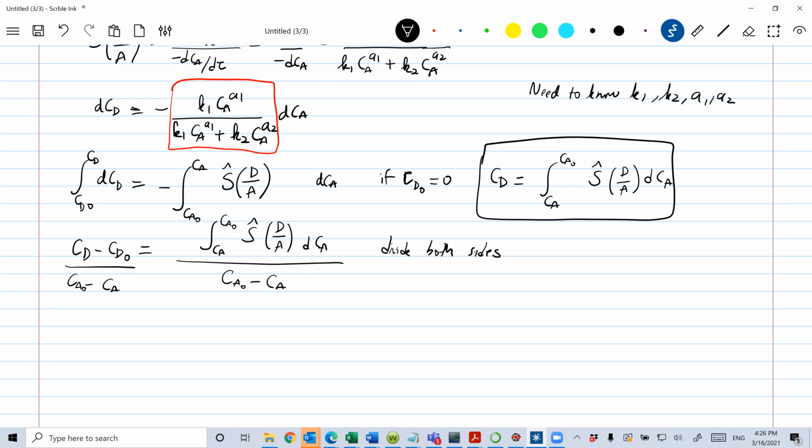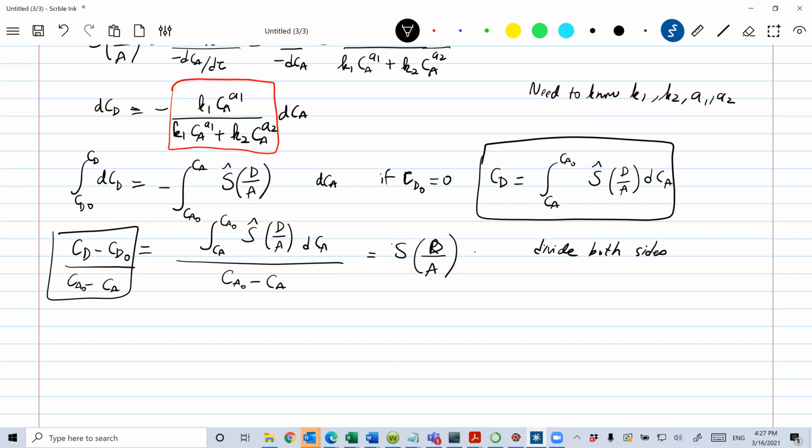Sorry, I'm gonna erase that. This is divide both sides. If you do this, you realize that this is overall selectivity, D with respect to A. Yeah.